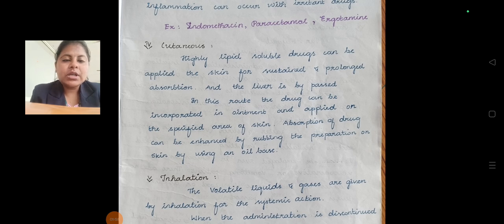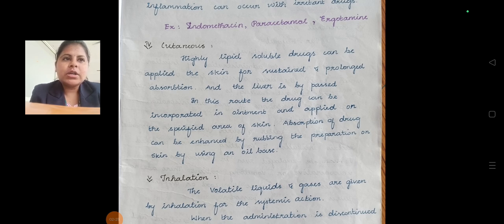In this route, the drug is incorporated in an ointment and applied on specific areas of the skin. Absorption can be enhanced by rubbing the preparation on the skin, using it along with oil based substances.